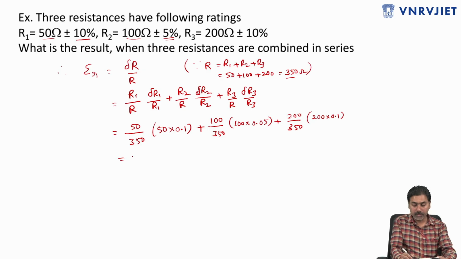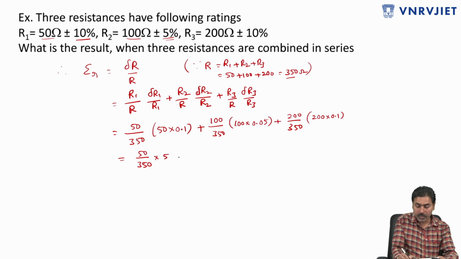This is equal to 50 by 350 into 5 plus 100 by 350 into 5 plus 200 by 350 into 20.